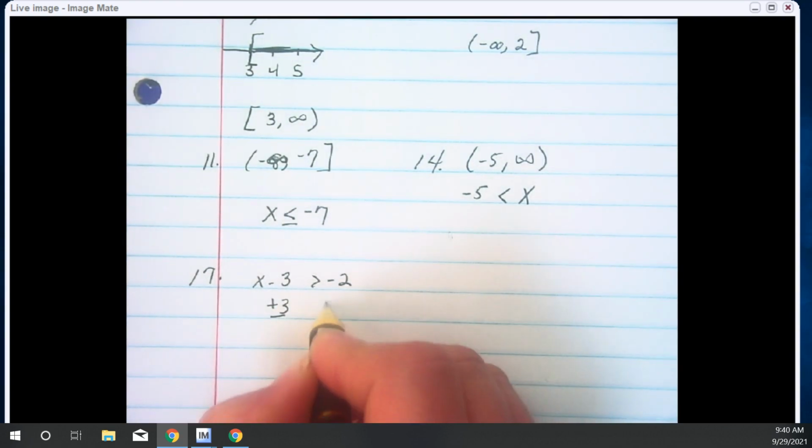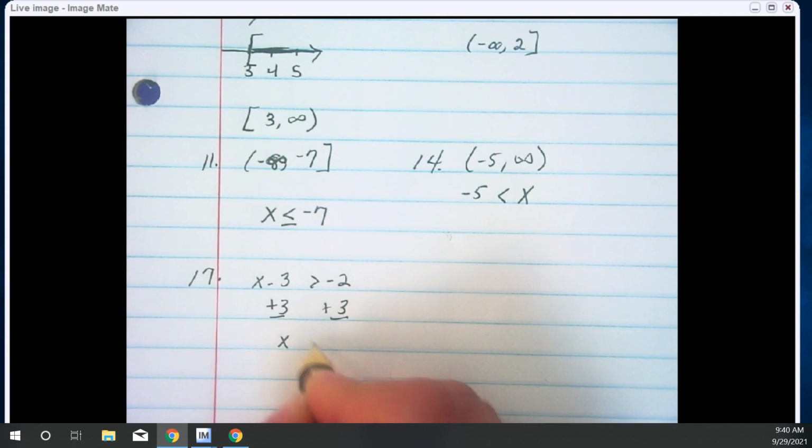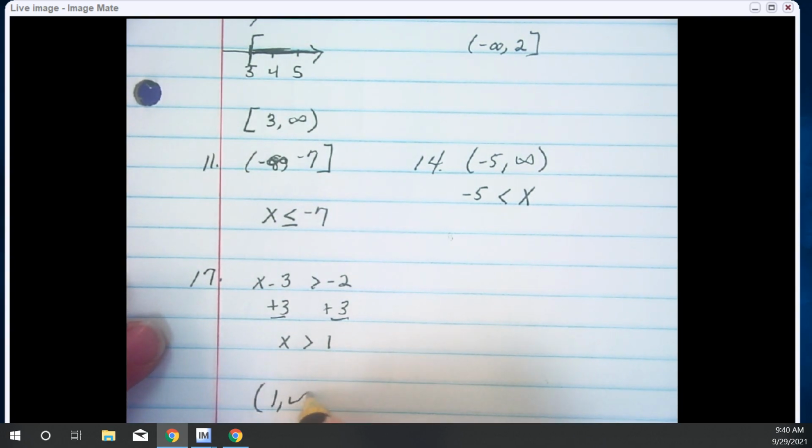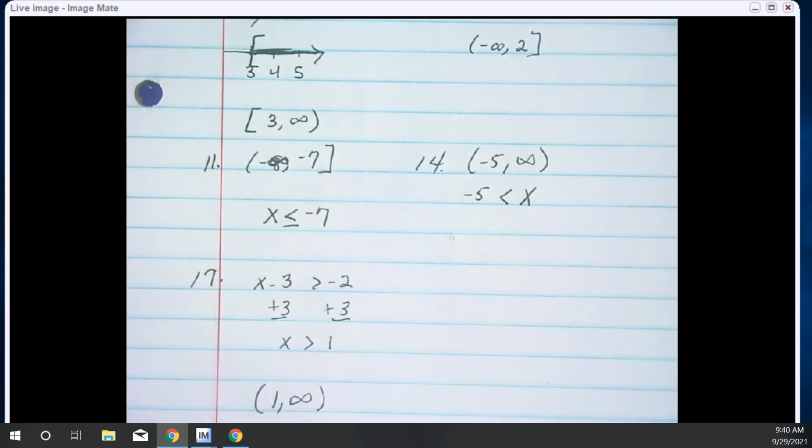Several of you are not showing these steps and you're confusing yourself, so please start writing down those steps. What would the answer look like in interval notation if x is greater than 1? Parenthesis 1. Smaller number goes left, just like if you were graphing it on a number line.